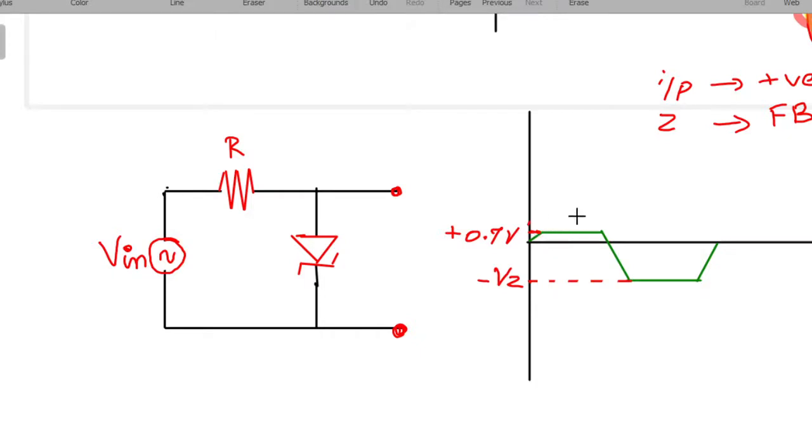Then when the negative half cycle comes, the Zener diode is reverse biased, so it gives a voltage of minus VZ. So we get the output like this.